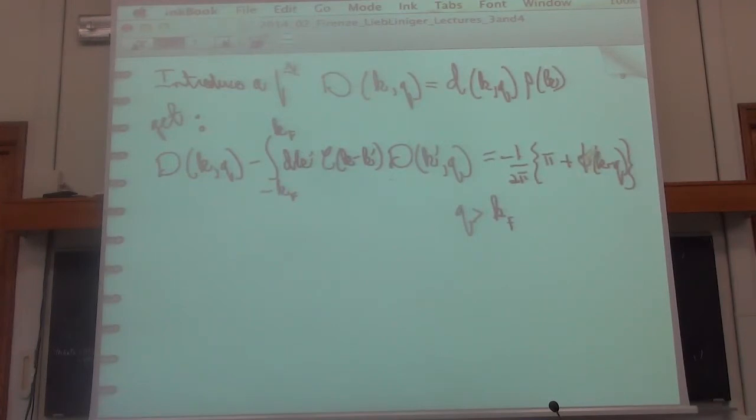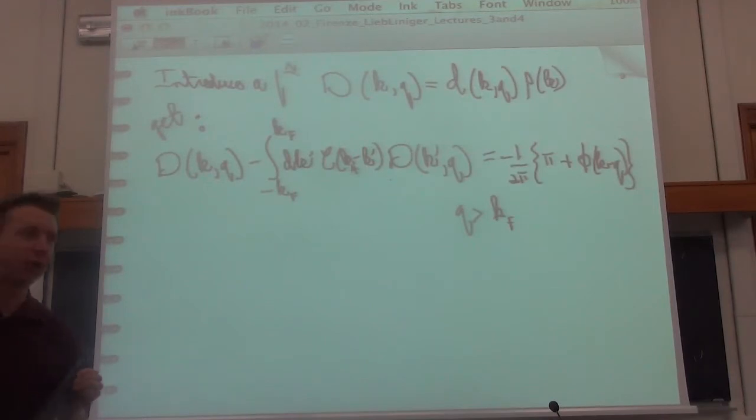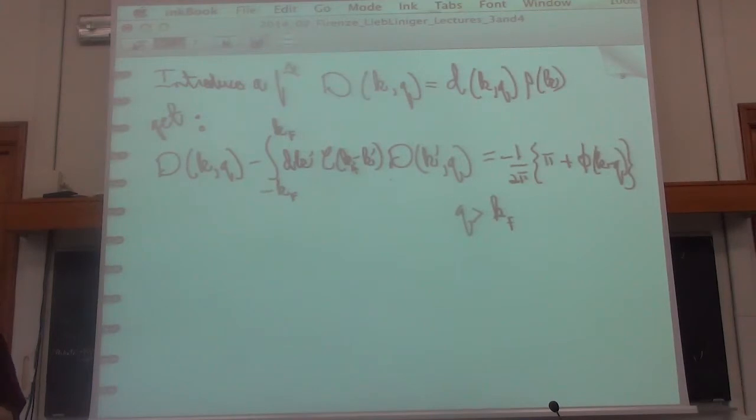So there are many equations in thermodynamic Bethe ansatz that look like this. Always the same integral kernel applied to a function is equal to a different driving term. So once you start learning the monkey tricks to deal with one of these equations, typically you can deal with all of them. Okay, so this is essentially the equation giving you the displacement of the rapidities once you add things.